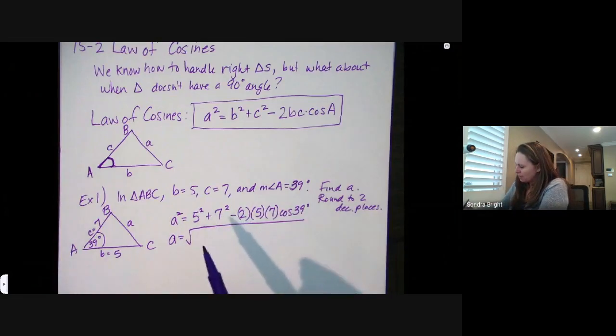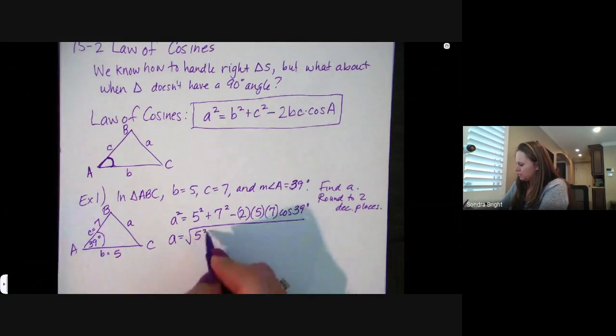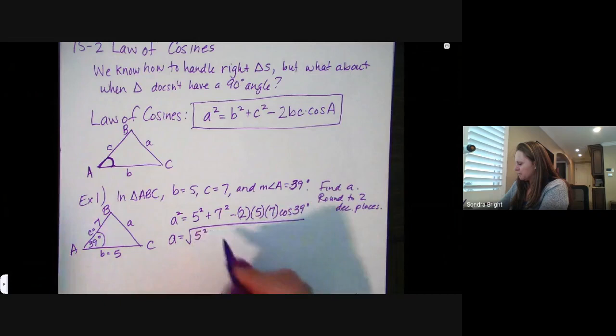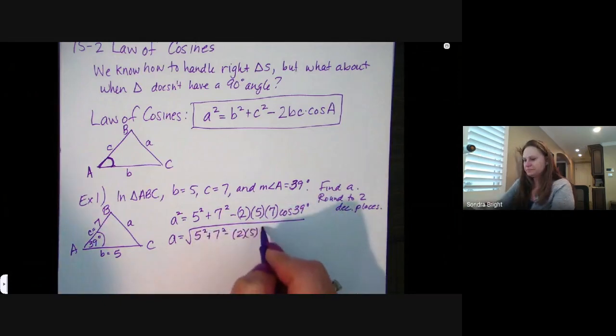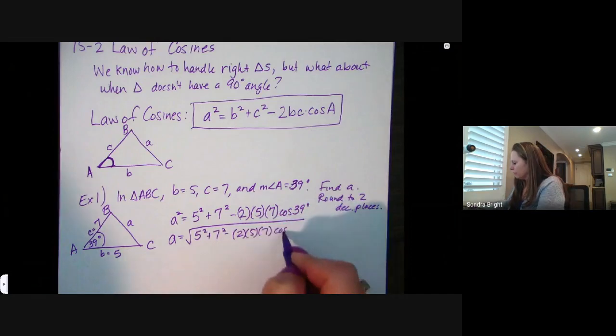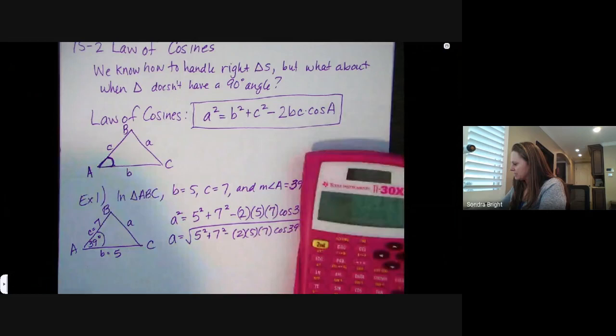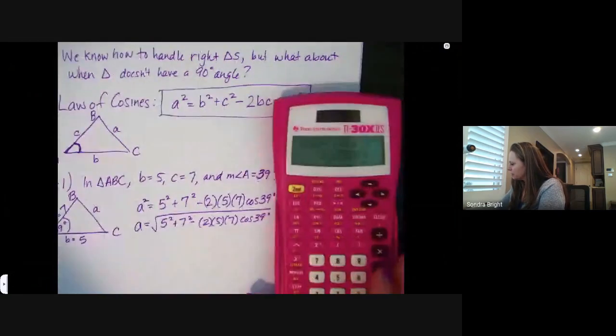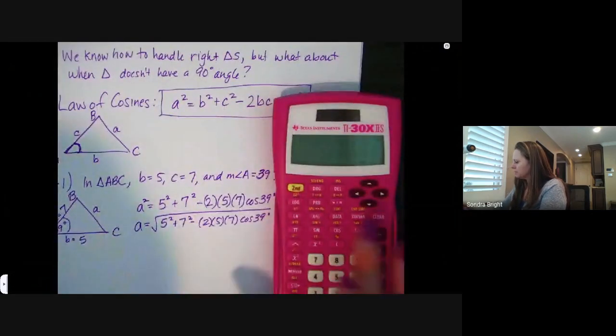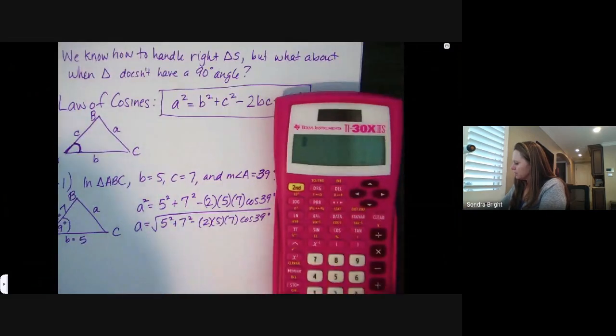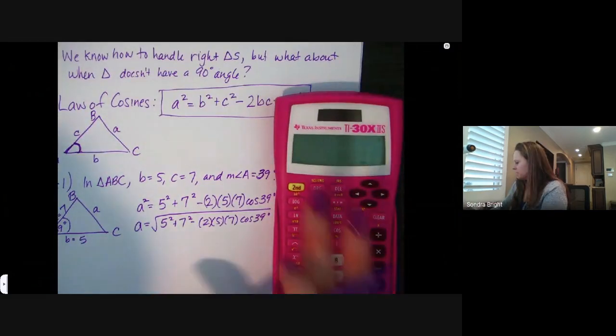So I'm going to be putting in my calculator the square root of 5 squared plus 7 squared minus 2 times 5 times 7 times the cosine of 39 degrees. You do need to make sure you're in degree mode, and I am. Notice it starts a parenthesis. Okay, good.